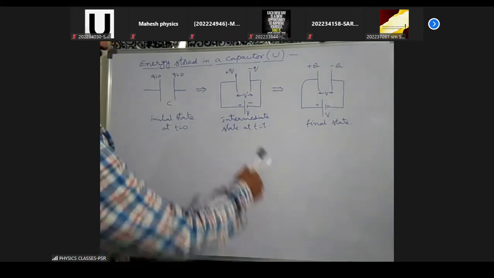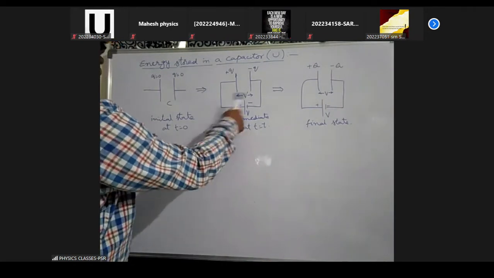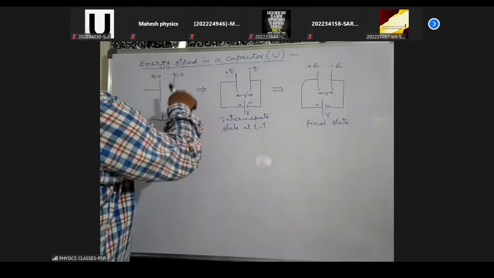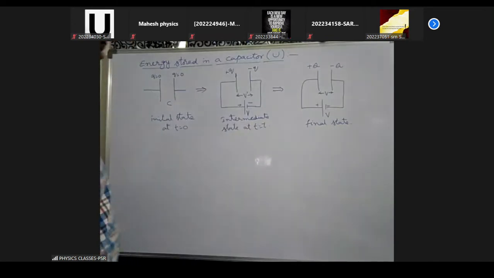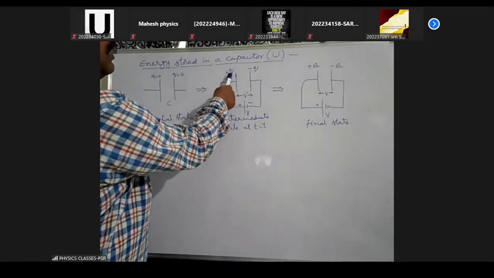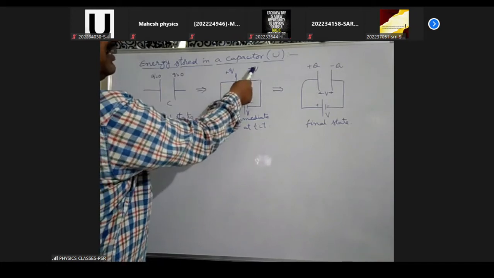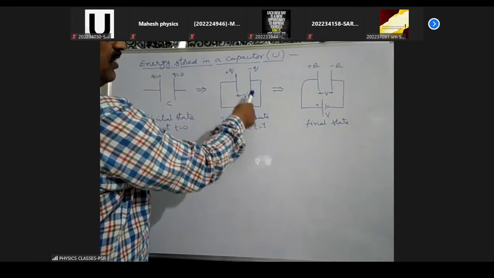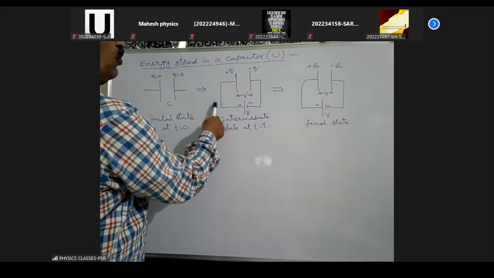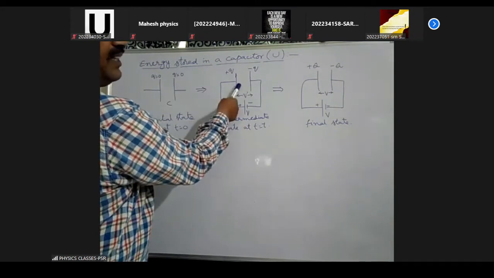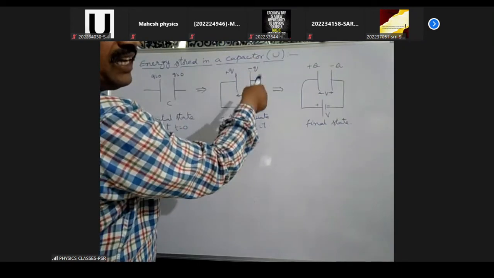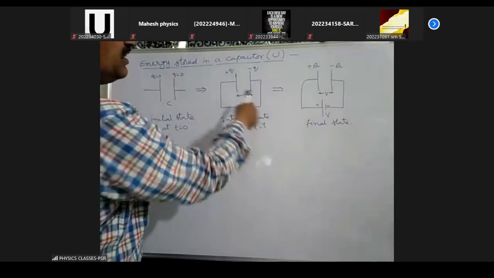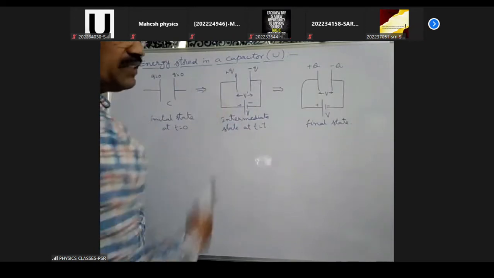It's clear, sir. Okay. Intermediate state means during the process of charging from initial to final, this is the middle state. Here in this state, the charge plus q is already present on this plate and minus q on the other plate. As charge flows from the battery onto the plates, the charge already present on the plates opposes the further charge given to the plates by the battery.